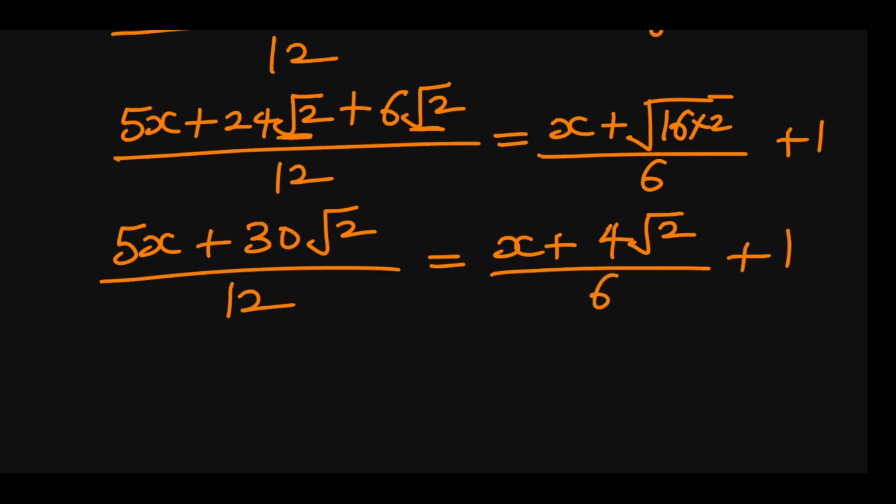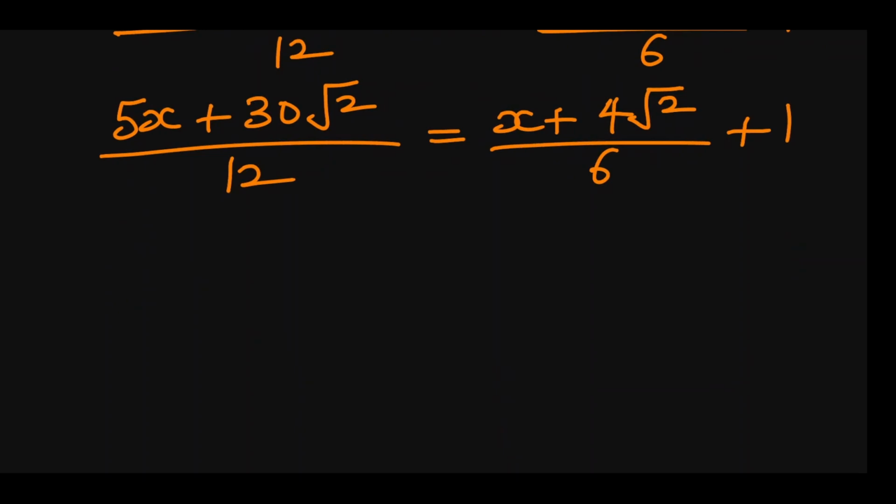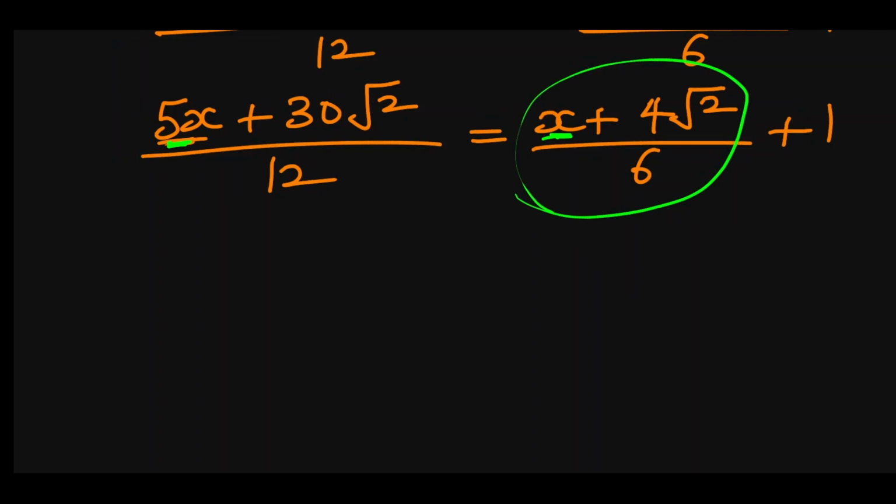Now, this is the simplest we can go on either side. So what we will now do, we can now pull all the terms with x to one side. There's 5x here and there's x here. So we are going to move this x plus 4 root 2 over 6 to the left hand side so that we'll have all the terms that have x on the left hand side.